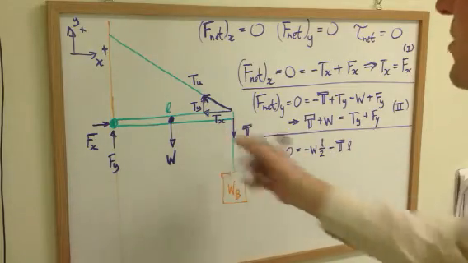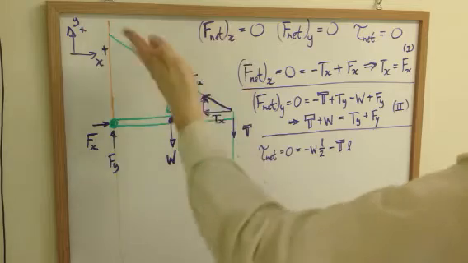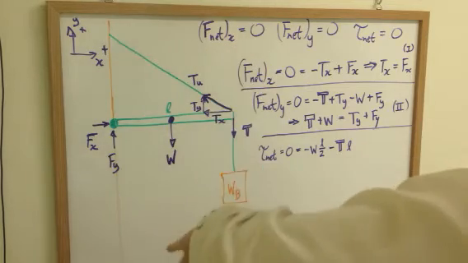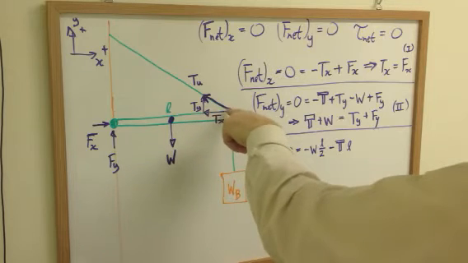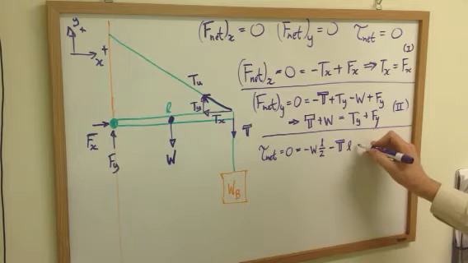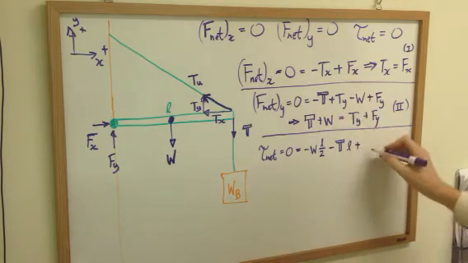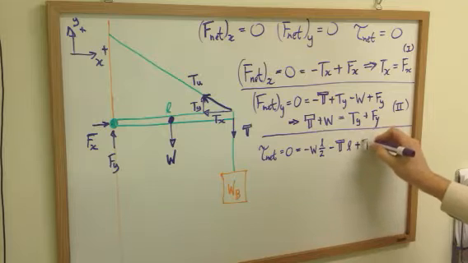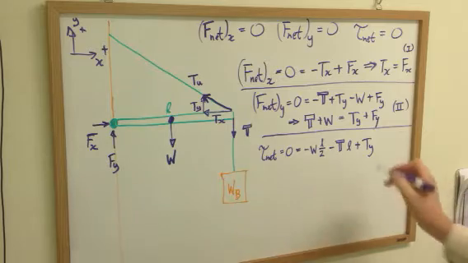And both of those, the only thing keeping this beam from twisting in the clockwise direction and crashing down is this wire, and only the perpendicular part of this tension. So this, and that's in the counterclockwise or positive direction, so that's Ty.